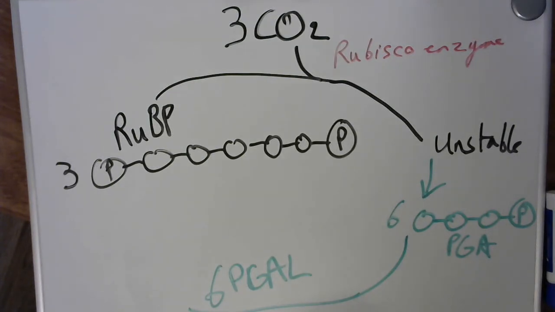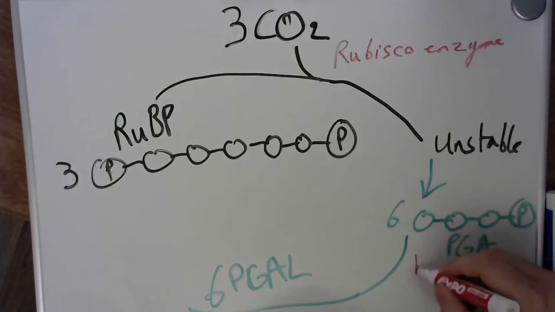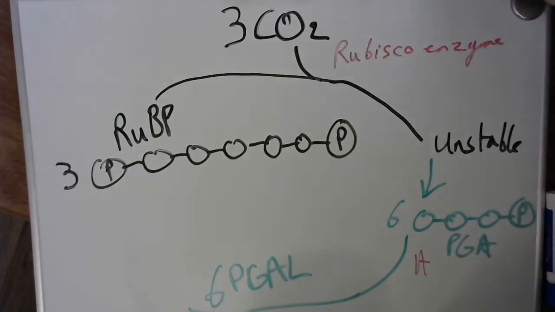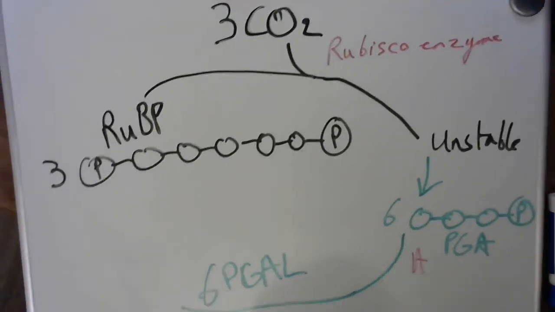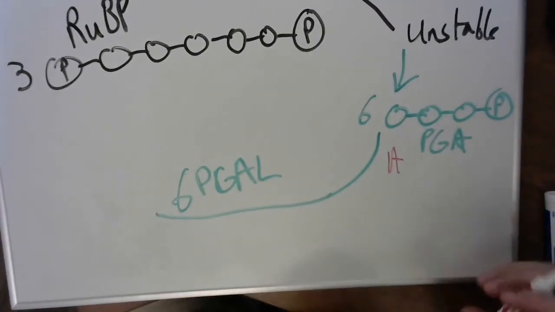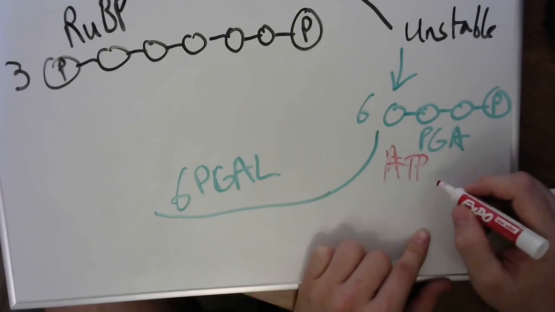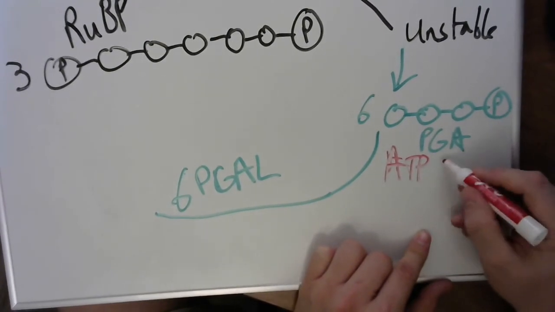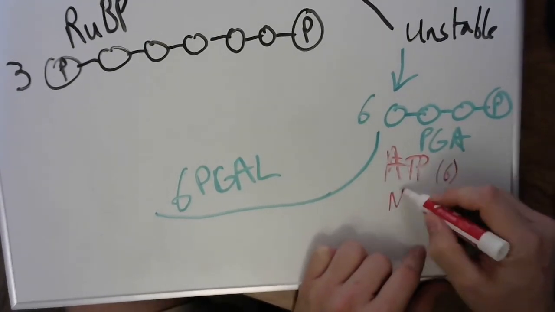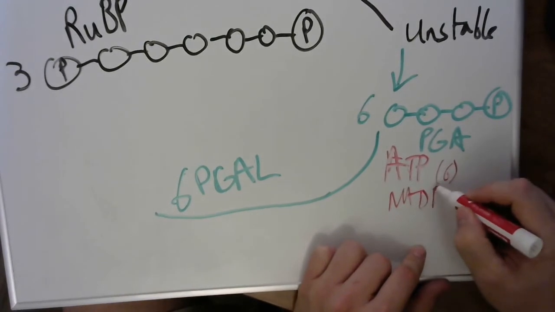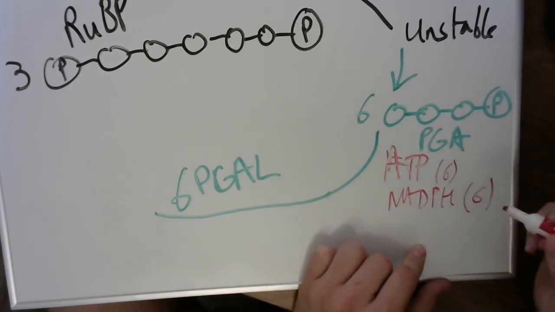You use all the ATP. Let me move that whole board up because we don't need to see the CO2 anymore. You use all the ATP from your light reaction, so it's 6 of them. You use all the NADPH, 6 of them as well.